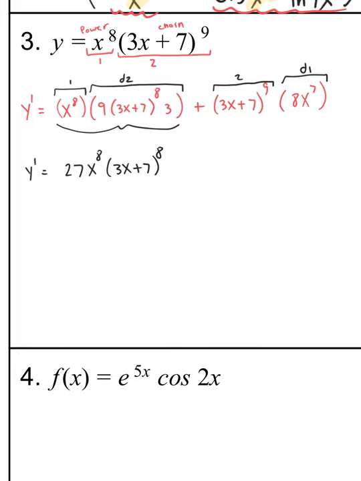If I simplify this term right here, I'm just going to put this 8 out front. So I'm going to write it as 8x to the 7th times (3x + 7) to the 9th. All right, now I can factor.